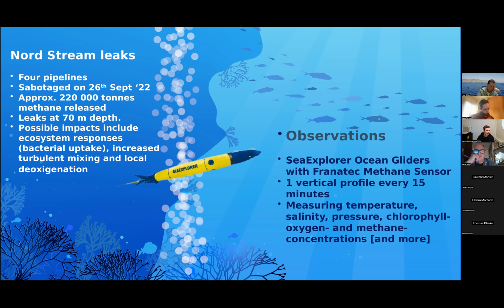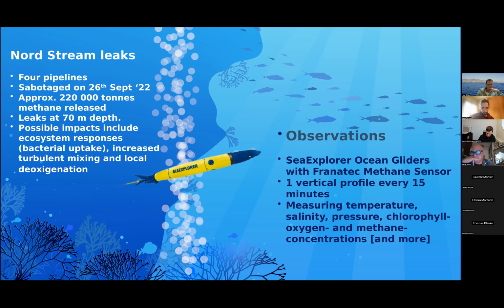Because this is relatively shallow, a lot of the methane, the majority, escaped to the atmosphere directly, but also some of it dissolved in the seawater and then spread with the currents of the Baltic Sea. And this is what this presentation is about. Possible impacts of this are an ecosystem response, some turbulent mixing and upwelling from all the bubbling methane, and the local deoxygenation of the water.